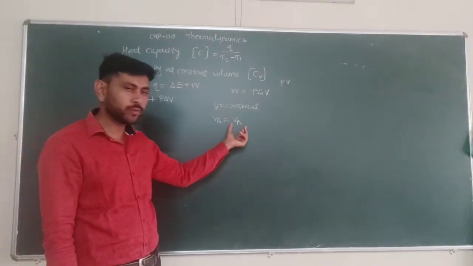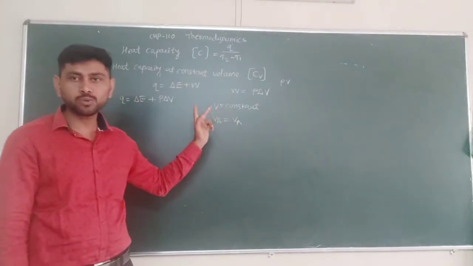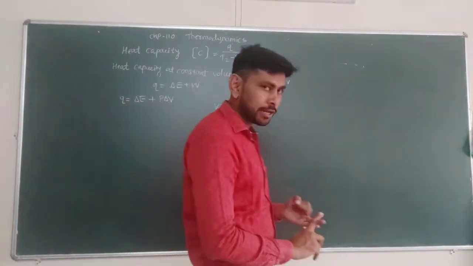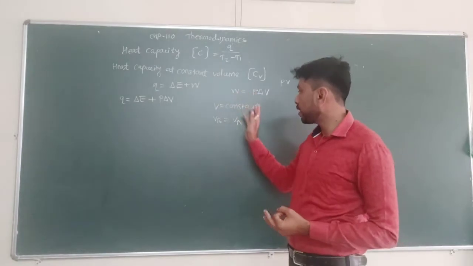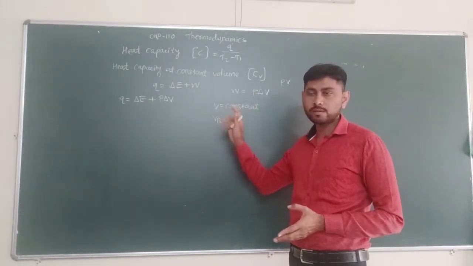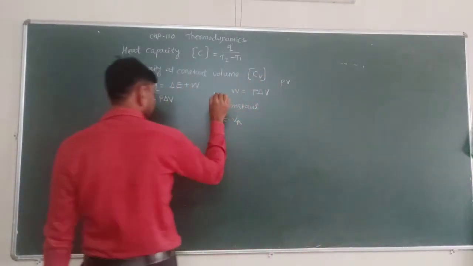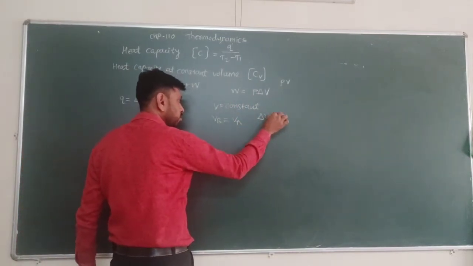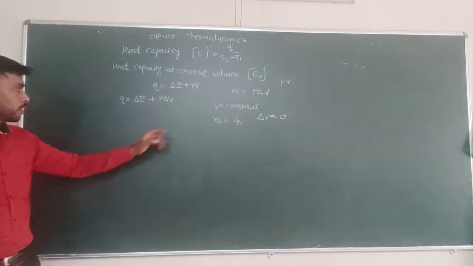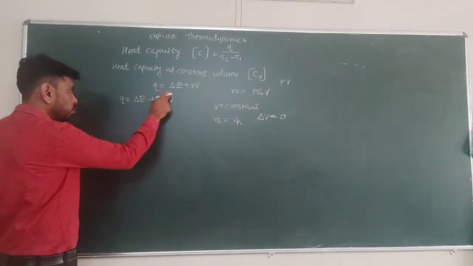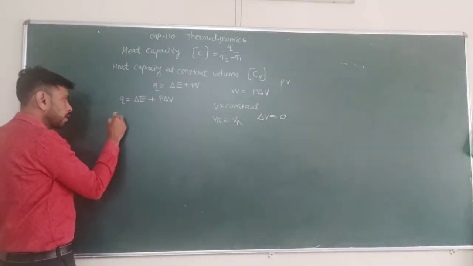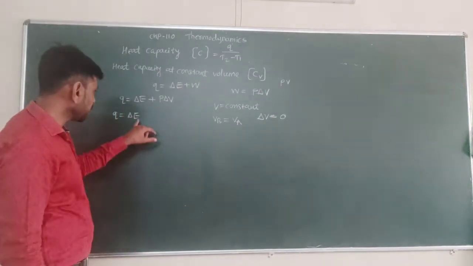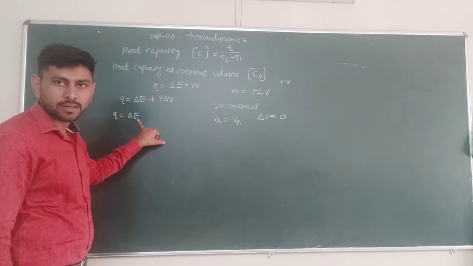If initially it has the same volume and finally it has the same volume, then the difference between these two volumes becomes 0. So if volume is constant, then delta V should be 0. And if delta V is equal to 0, this total term becomes 0 and Q is equal to delta E.